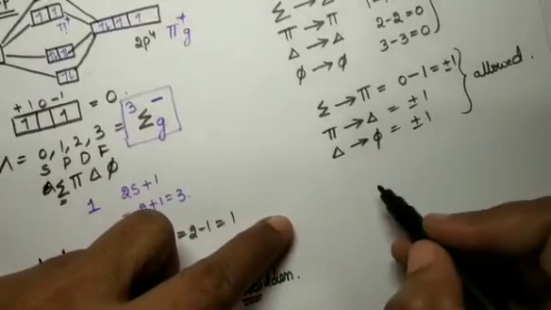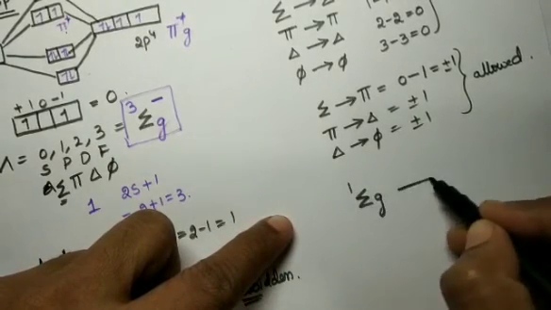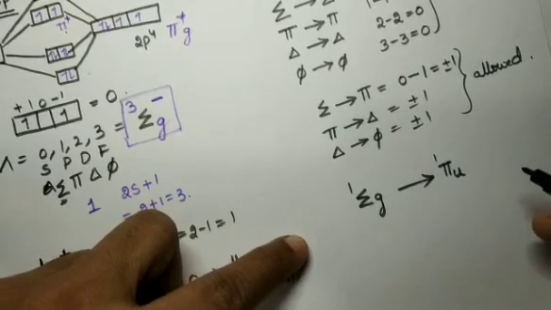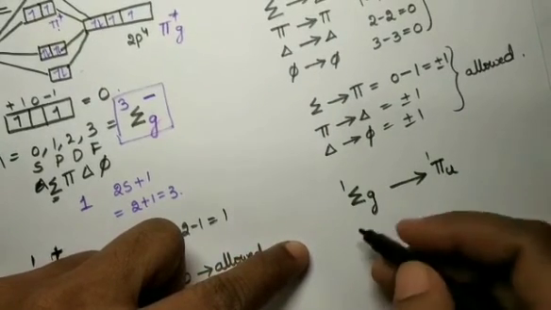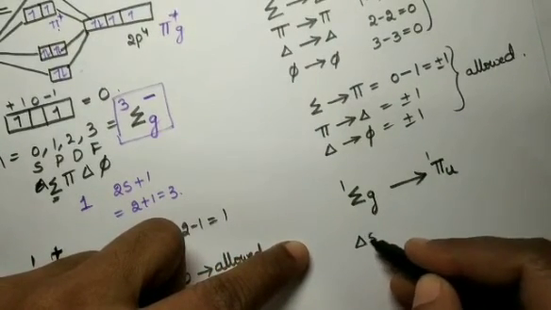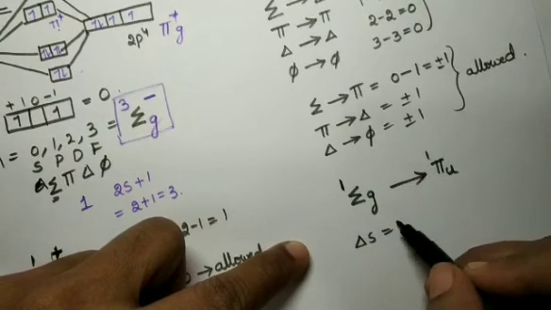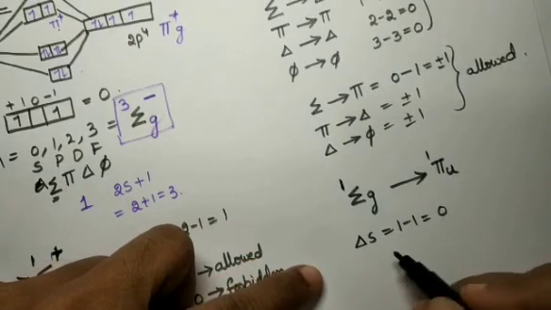And we will take one example, pi 1 u. Will this transition be allowed or forbidden? Here we have the S value, so 1 minus 1 is equal to 0.